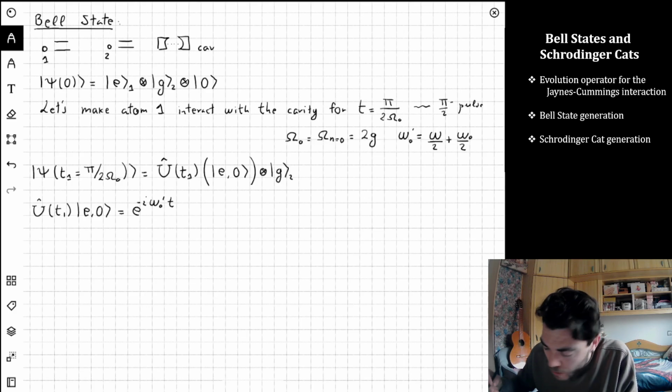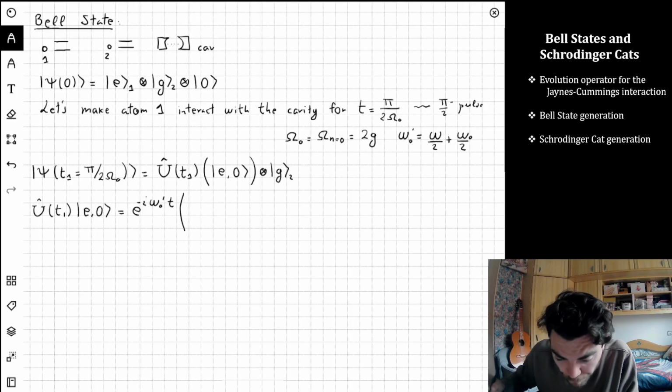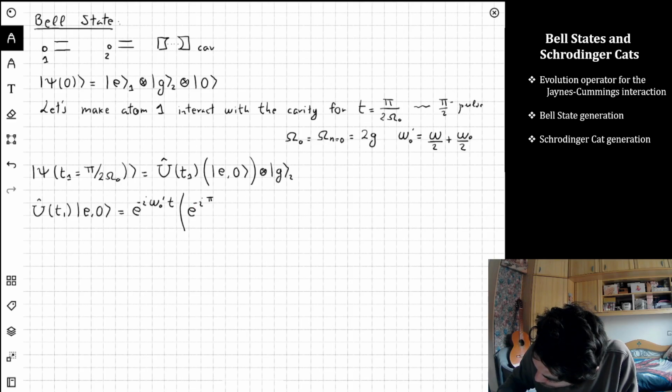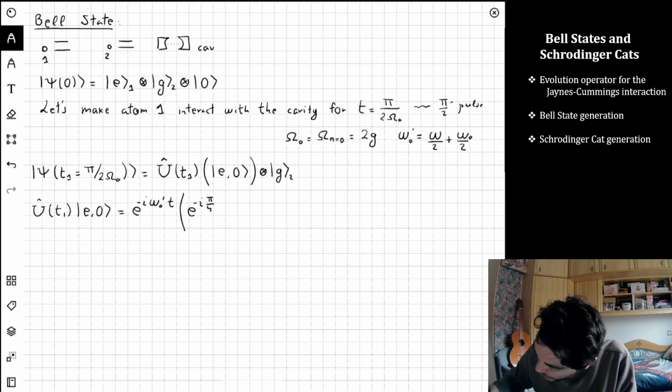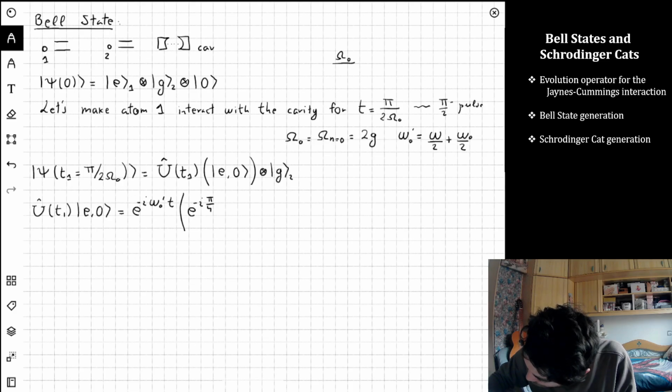But okay, we have this, and then we multiply it by e to the minus i pi over 4. This pi over 4 comes from the fact that inside this exponential we had omega n, that now is going to be omega 0 divided by 2 times t, but this t is t1, which is pi over 2 omega 0, so you get pi over 4.